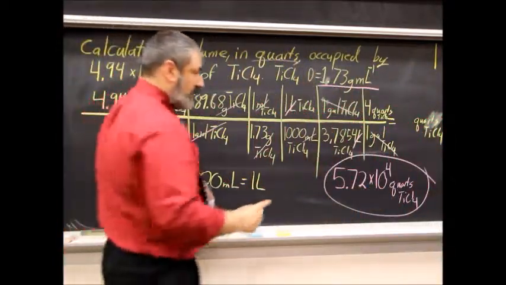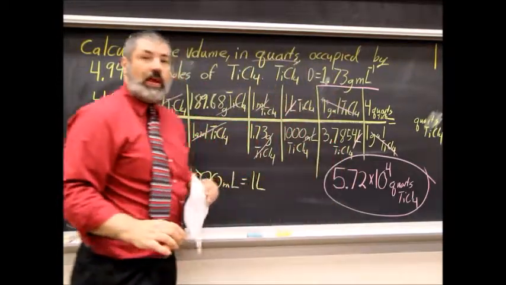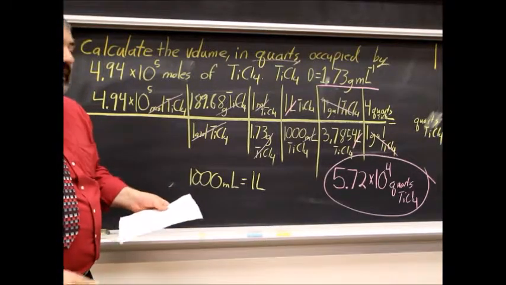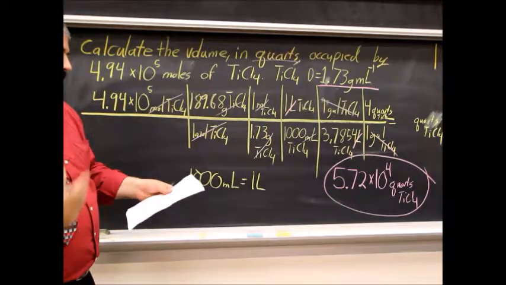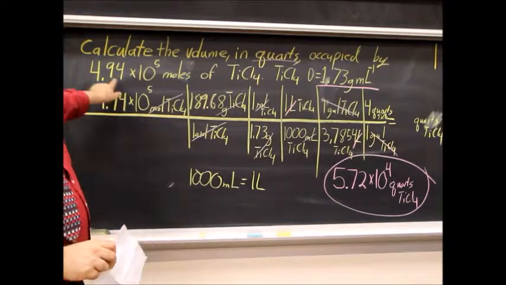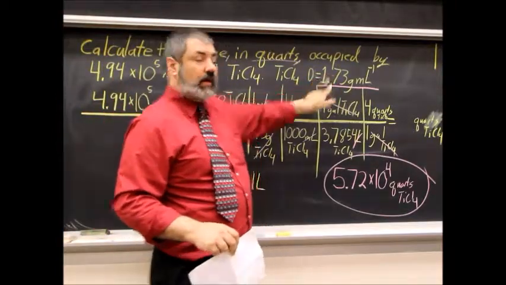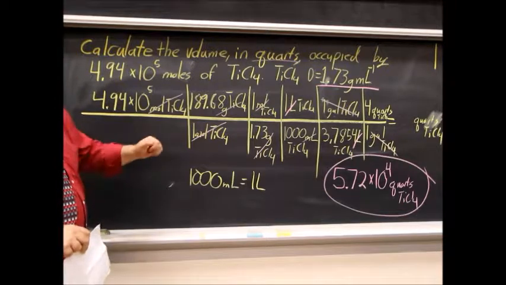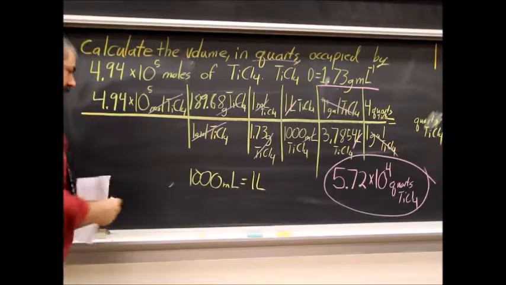Just to save a little bit of space, I went ahead and converted this directly into scientific notation. When you did this in your calculator, you would have gotten 57,233.5. Based on three significant figures, our answer should have 3 significant figures. So 5.72 times 10 to the 4th quarts of titanium tetrachloride.